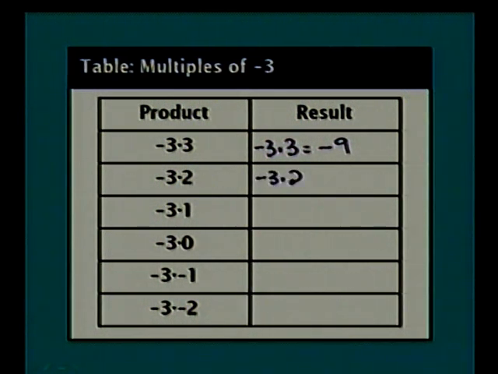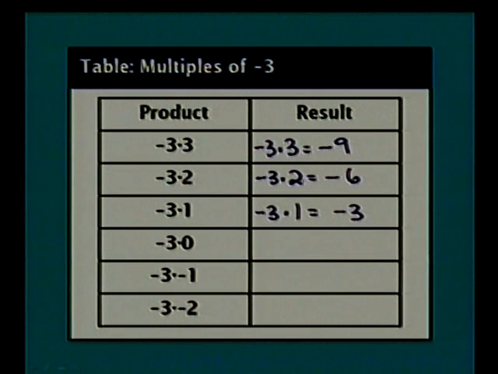-3 times +2 equals -6. -3 times +1 is -3. Now at this point I want to pause for a moment and look at the pattern that's emerging. The first factor in all of these products is -3.